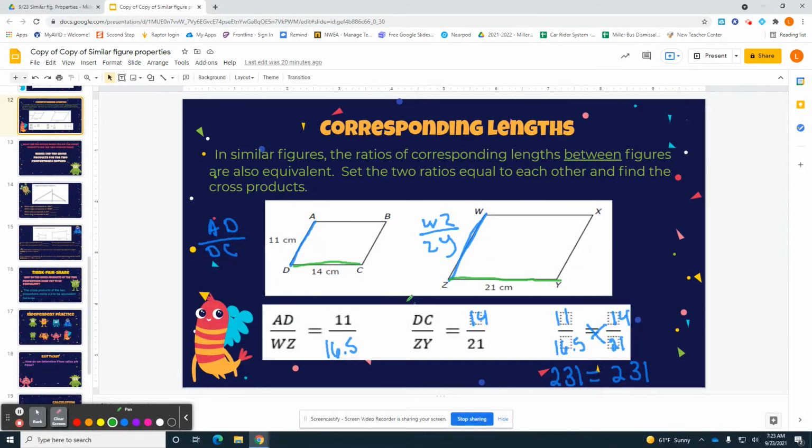Okay? So your proportion has to match in some form. Here it matched that it was from the small shape, and then here was the bigger shape. Here you had the blue link on top and the green one on the bottom. Okay, so that's how those matched.